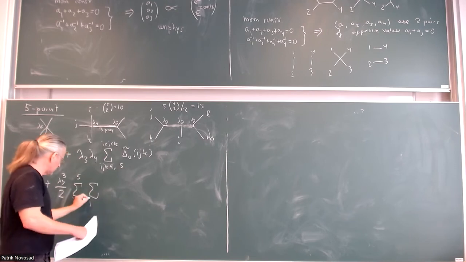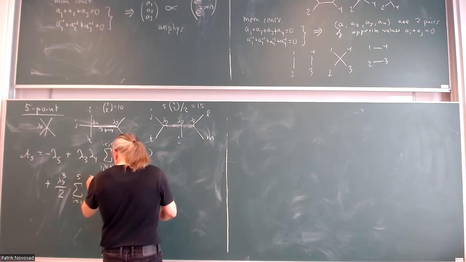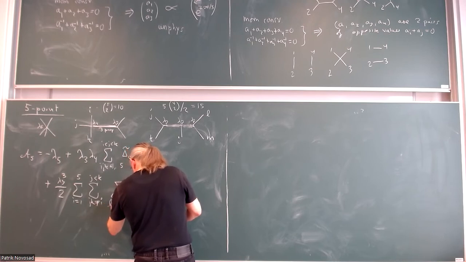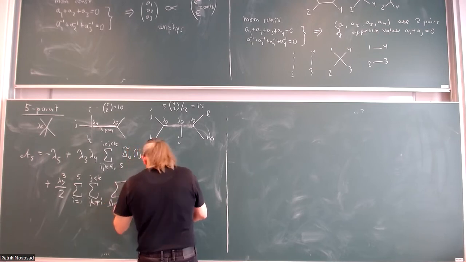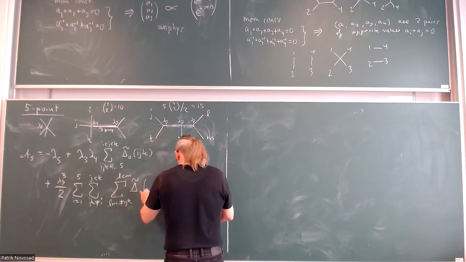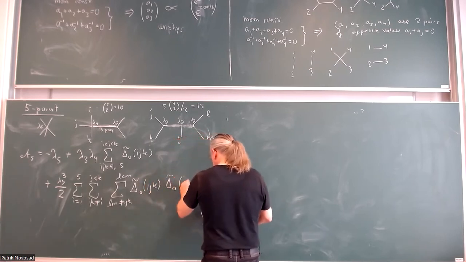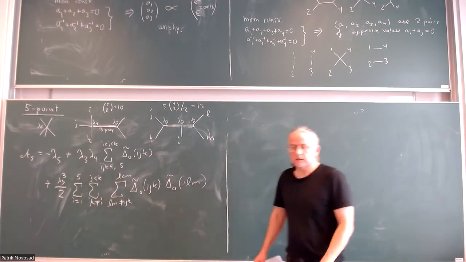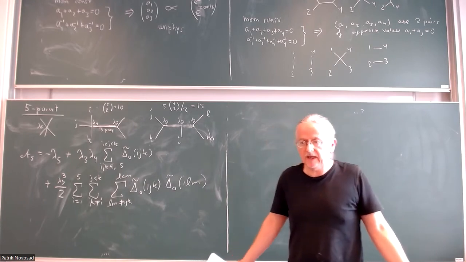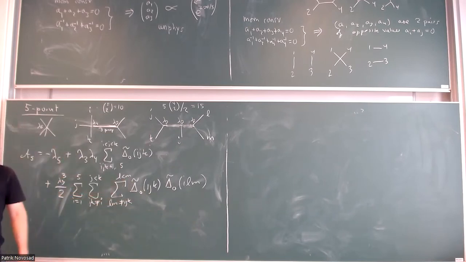Sum over J and K, which should be different from I, and J should be less than K. Then we have to sum over all L and M, which are different from I, J, and K, and L should be less than M. And then we have two propagators, delta I, J, K and delta I, L, M. So this is the formula, and of course it would be quite messy to write out all 26 terms, but this is the formula.